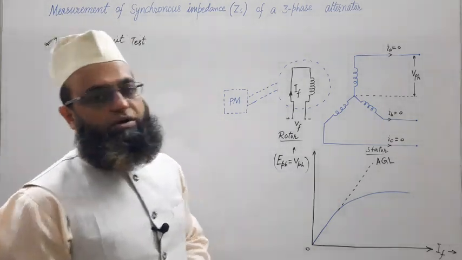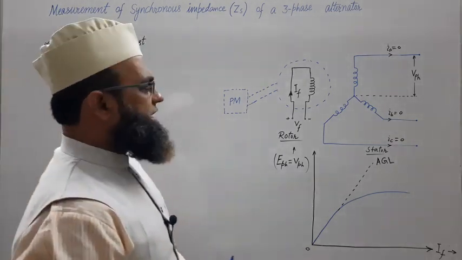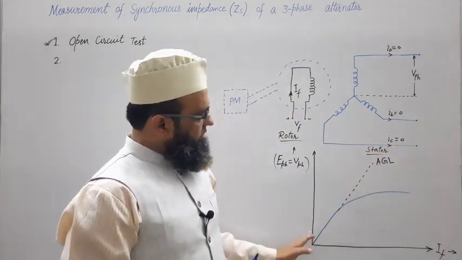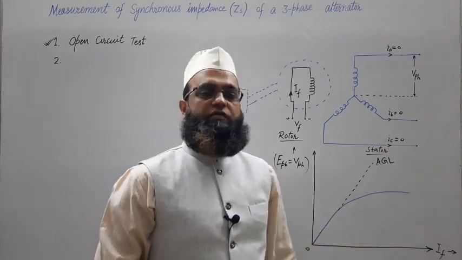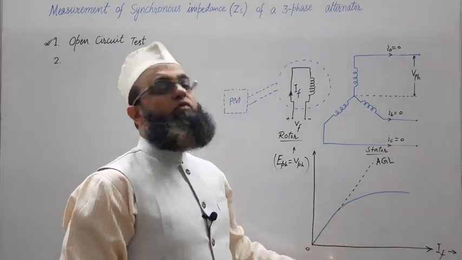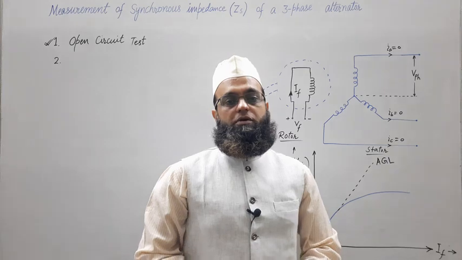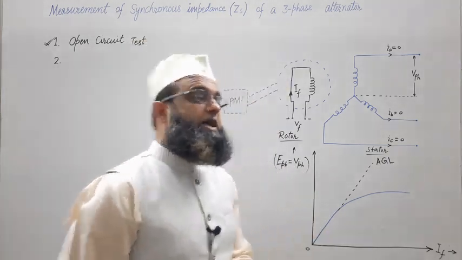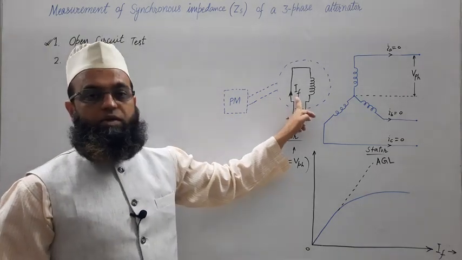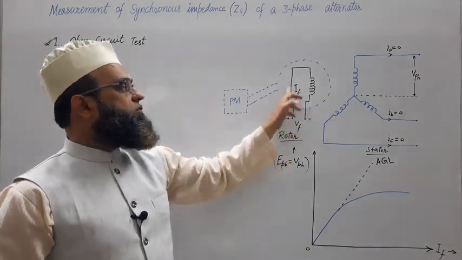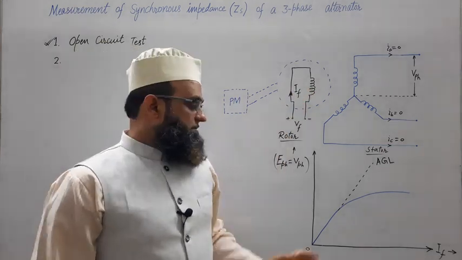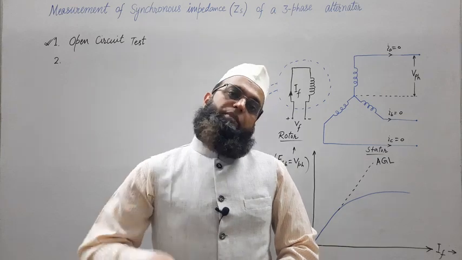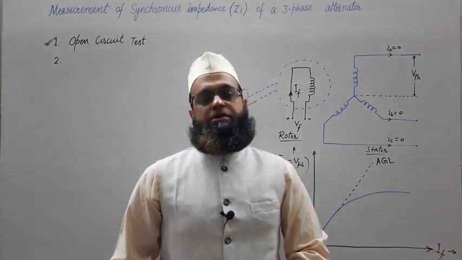This is the saturated part. Why does it happen? Why do we not get a linear region for all values of IF? Why do we get a linear region for a smaller value of IF, and not for a higher value of IF? This is because IF is the field current, the excitation current provided to the field winding, and as IF increases, the iron parts of the machine get saturated.